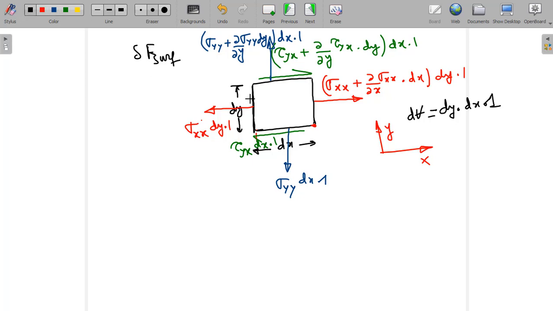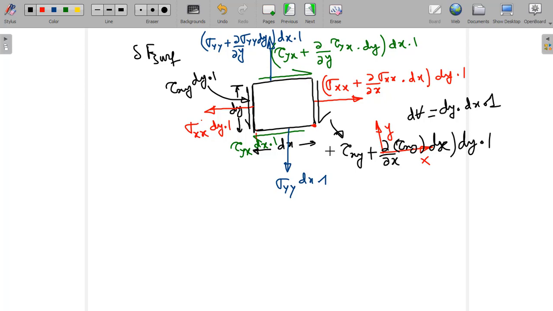Let us show it by black color. The shear force which is acting here is tau xy, and what is the area? That is dy into 1. So the shear that is acting here is what? That is tau xy plus del x of tau xy into dx multiplied by dy into 1. Okay, so these are the stresses that are acting on this element.